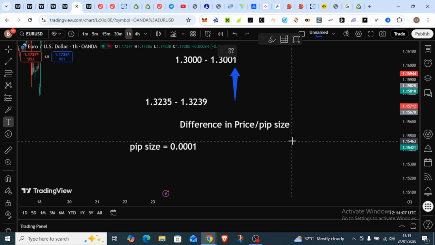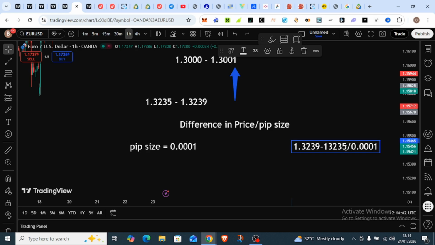So what we do now is a small calculation here. For us to get the number of pip movements, you have 1.3239 minus 1.3235, then divided by 0.0001.